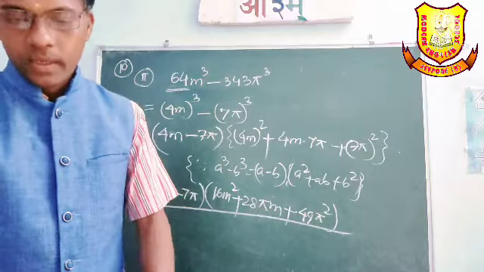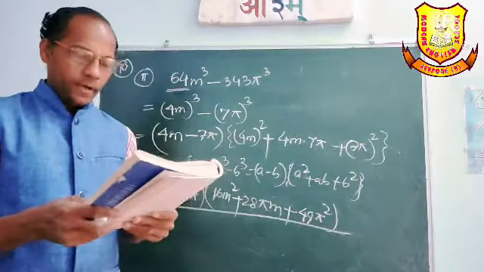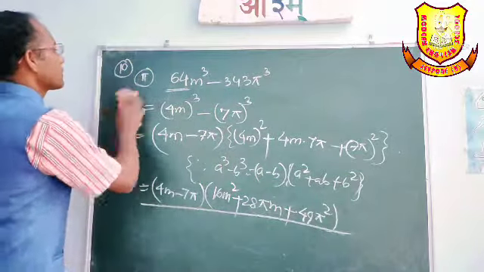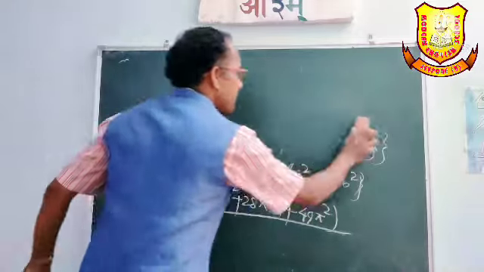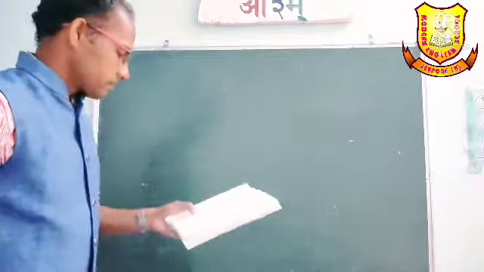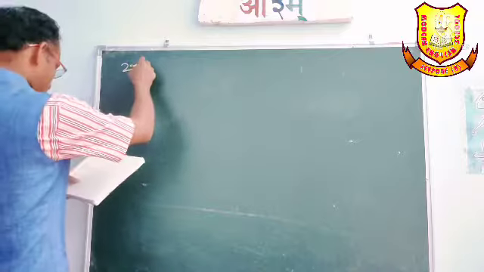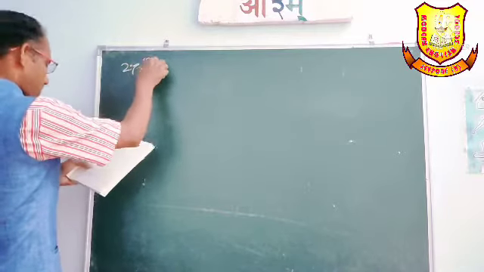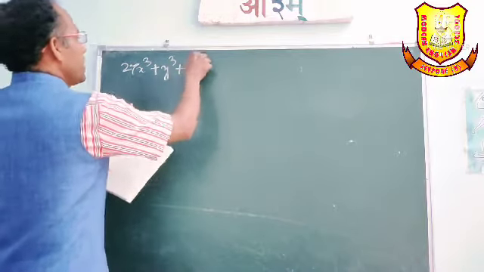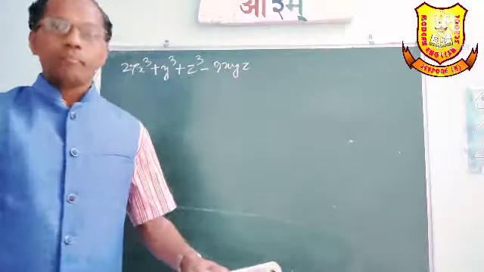Okay, everybody clear now? Okay, now question number 11. Factorize 27x cube plus y cube plus z cube minus 9xyz.